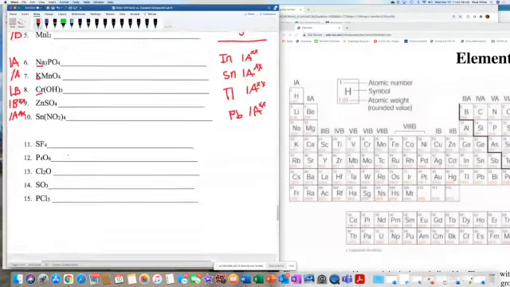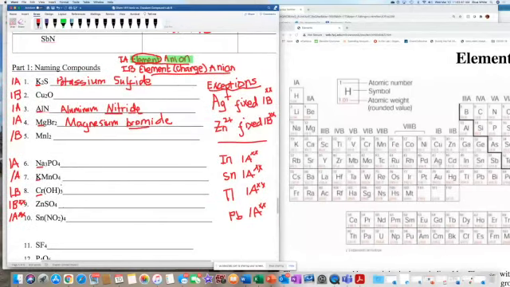So let's see, I'm looking at this right now. As I said, I'm not going to go through all of this. Now, when it comes to naming this, remember you learned how to name the common ions, the polyatomics. Remember, monoatomics are the ones that end with IDE. When it comes to polyatomic, like this one here, you see the non-metal part of the formula has more than one element.